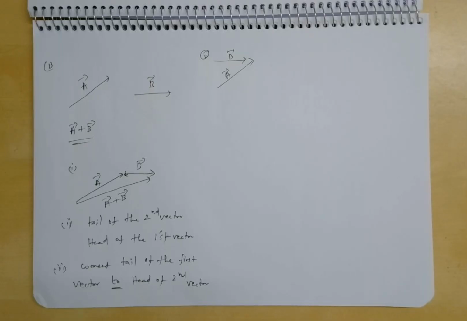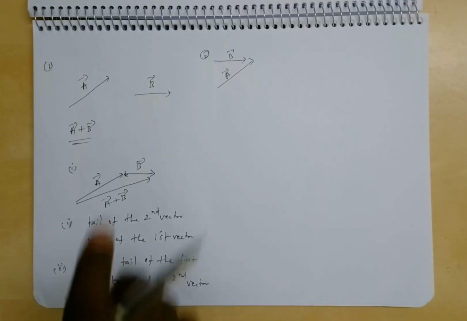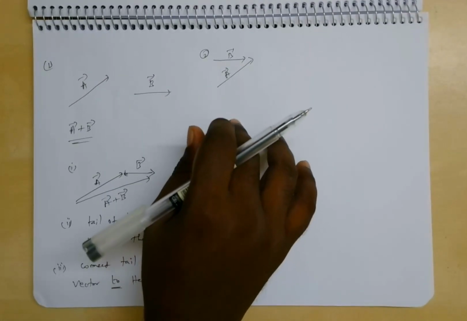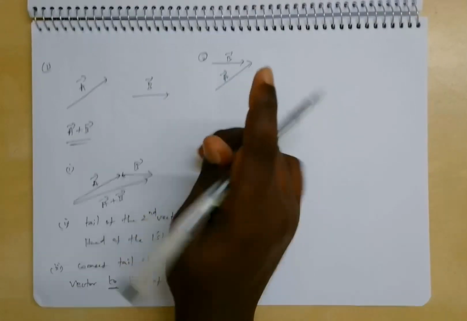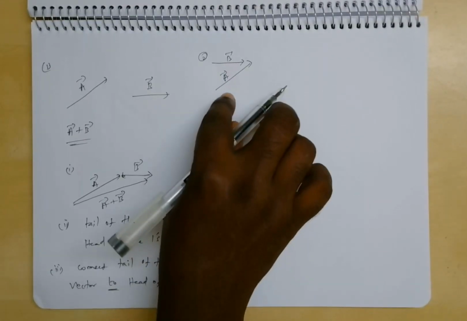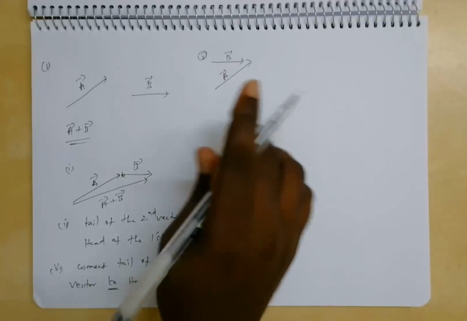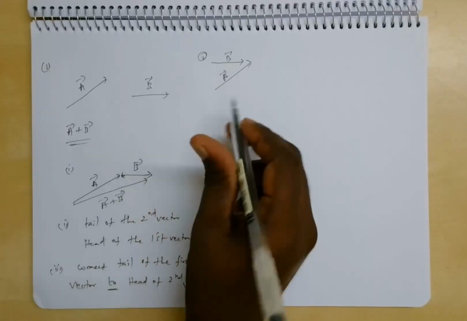No, we will talk about minus vector. Your question is right, but we will cover it here, hopefully. Do you understand until this, sir? Now this is A vector plus B vector.